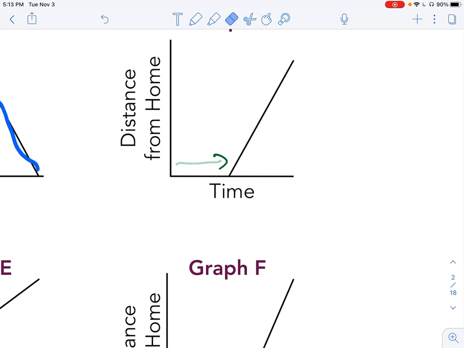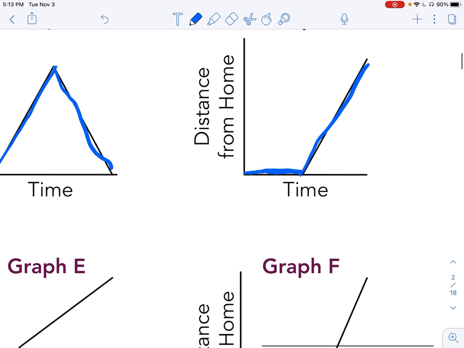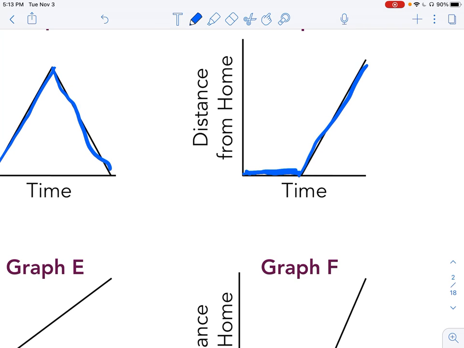On this one, I already drew a little bit there. So from here to here, she waited a long time and then all of a sudden she went to Grandma's house. I can see that happening. Somebody's going to say, but I thought she got distracted. Yeah, this whole time right here, she got distracted.